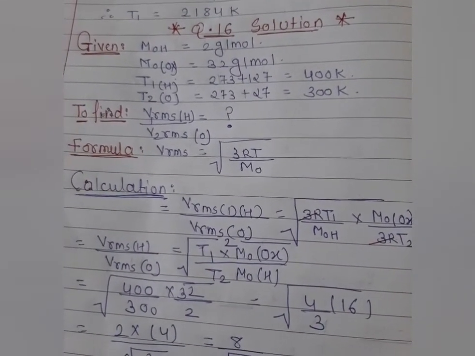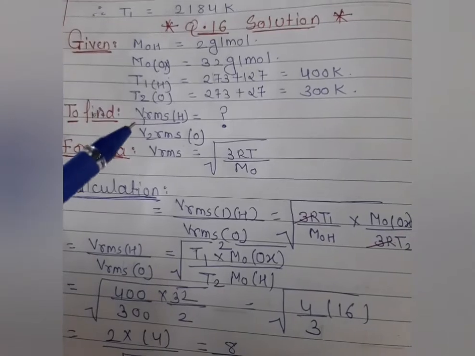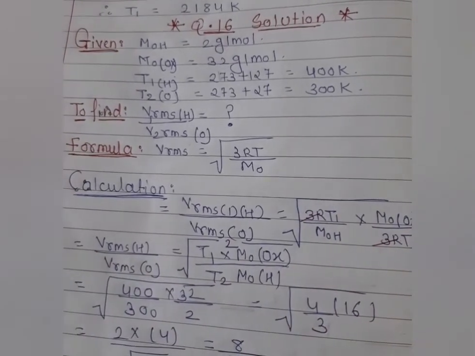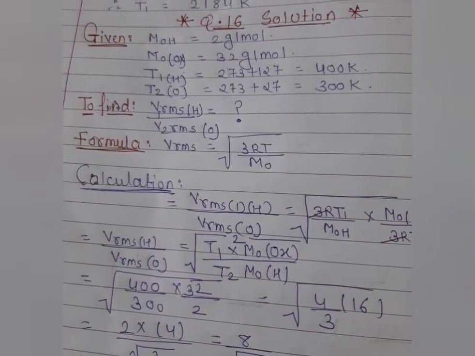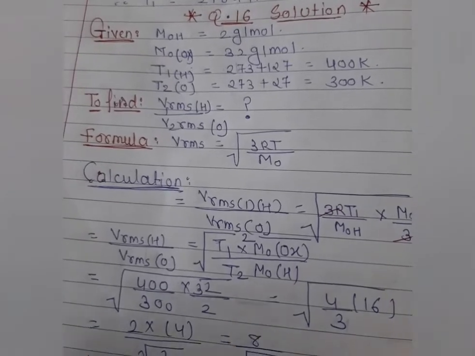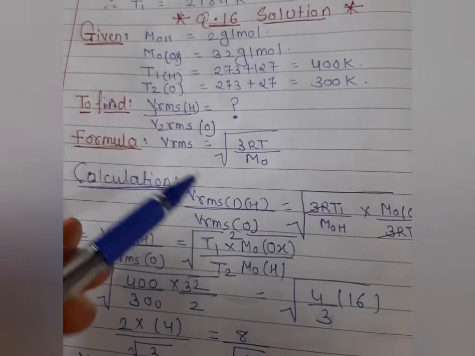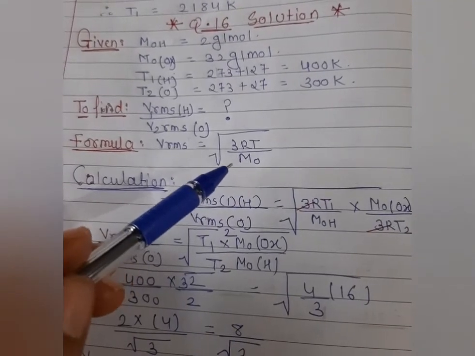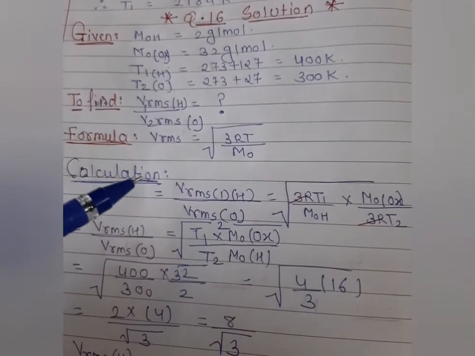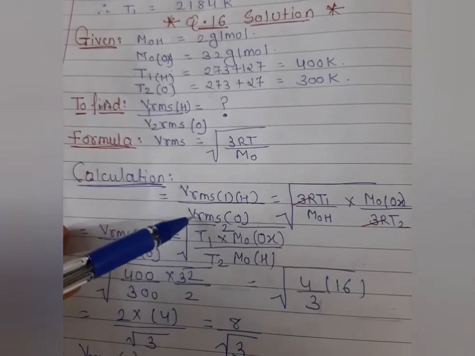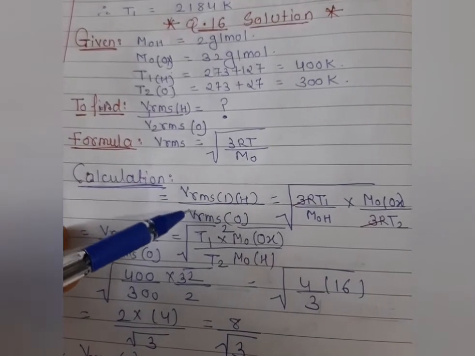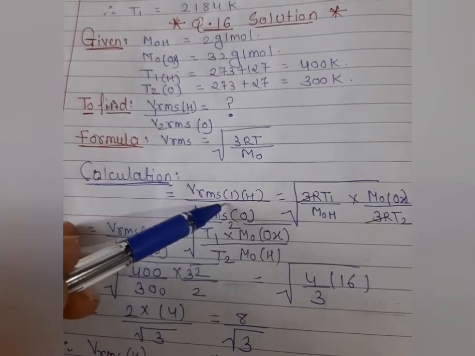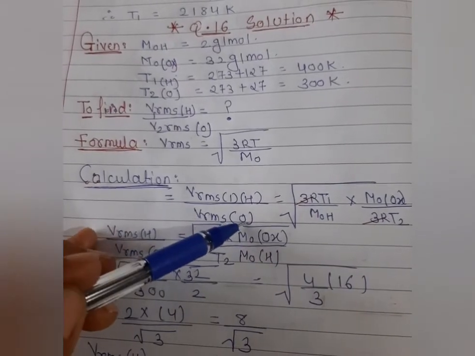So here, students, we have to find the ratio of the RMS velocity of hydrogen and oxygen. The formula you know very well: Vrms is equal to the root of 3RT by M0, where M0 is the molar mass of the gas molecule. But here we are using two different gases, so let me take the velocities in ratio form: Vrms for hydrogen and Vrms for oxygen.